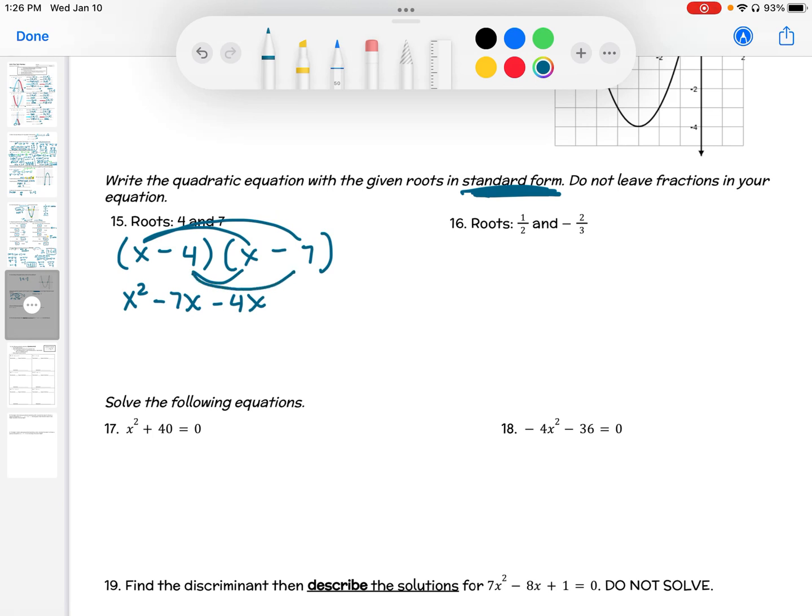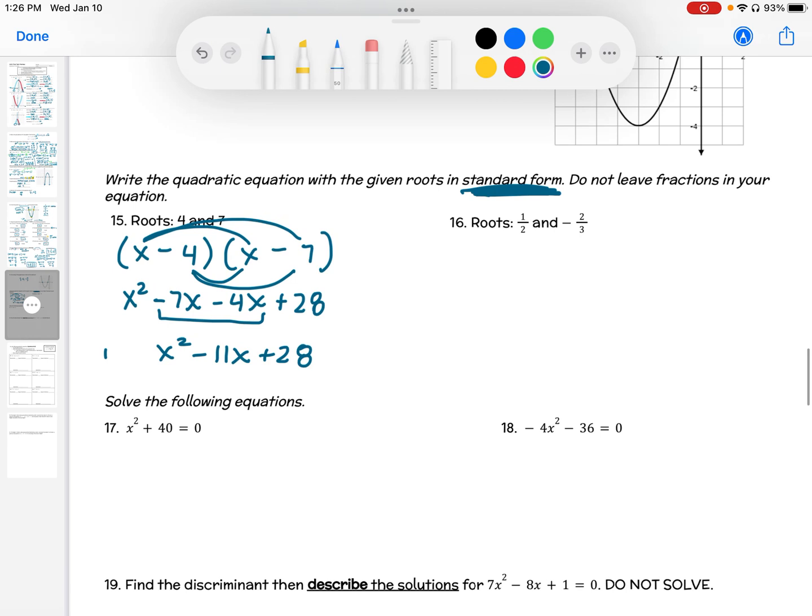And the last two terms, negative 4 times negative 7, would be plus 28. Combine your like terms, which are the two middle terms. So we'd have x squared minus 11x plus 28. And because it asked for it in standard form, add a y equals, and then you're all done.